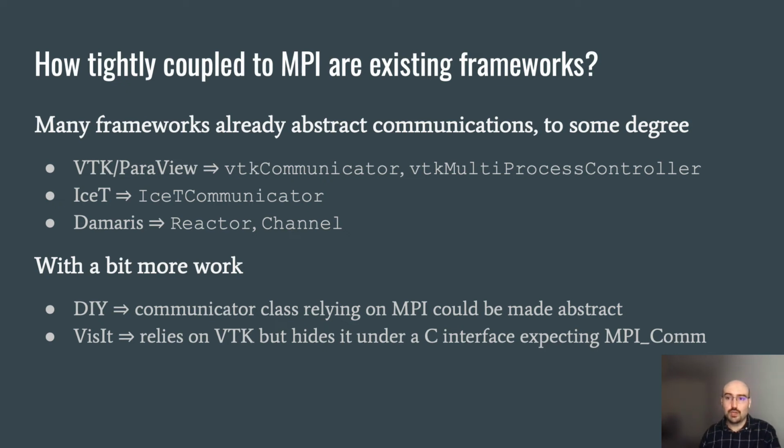And in frameworks like Damaris, which has a concept of reactor and channel that are also abstract classes with implementations based on MPI. And with a bit of work, we find that some other frameworks like DIY and VisIt could enable some abstractions in their communications that would allow MPI to be replaced with something else.